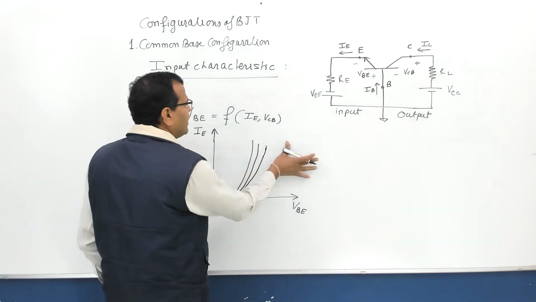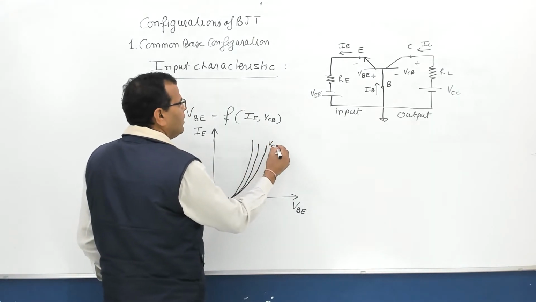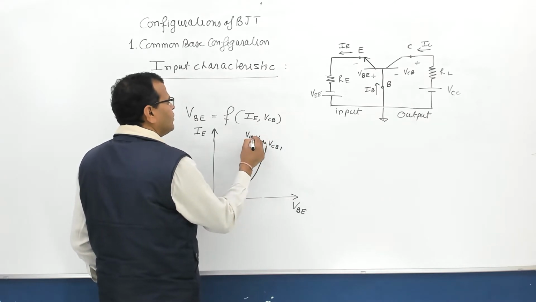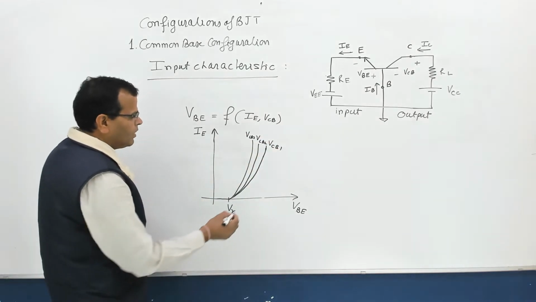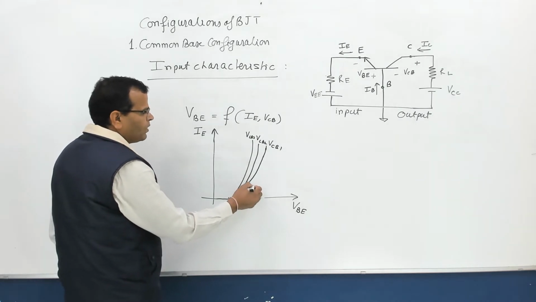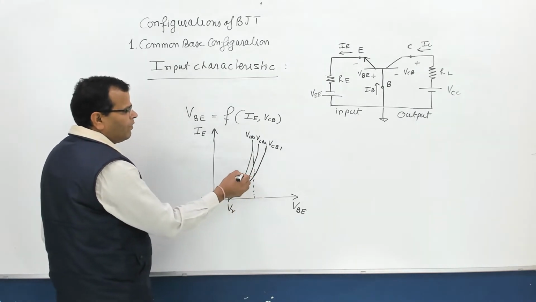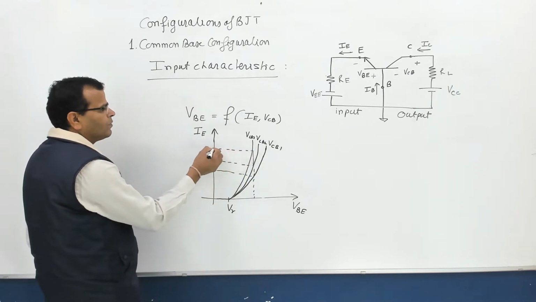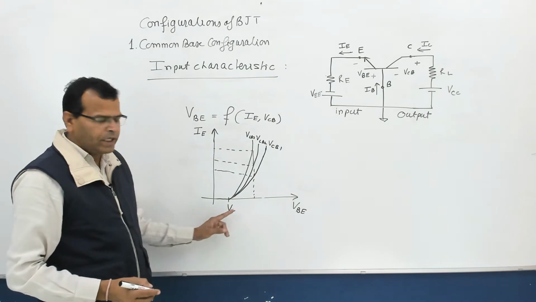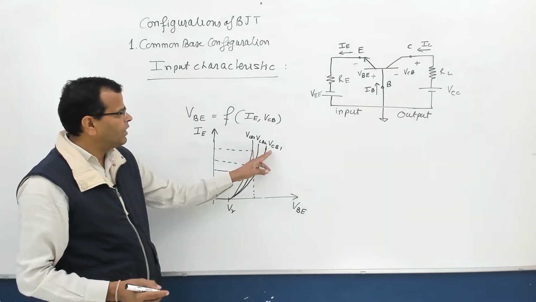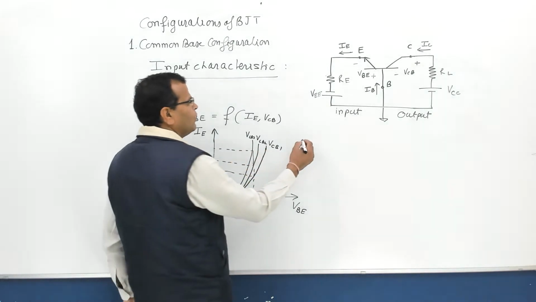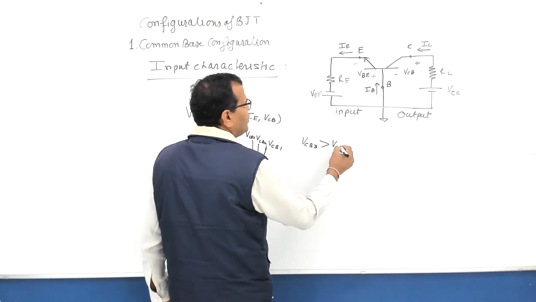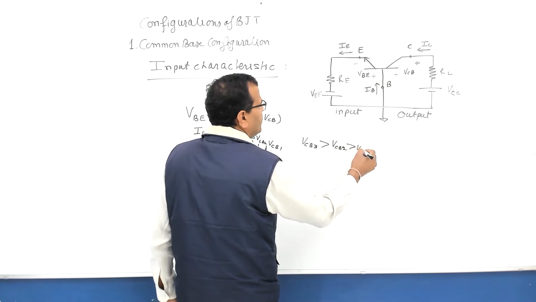Say it is for VCB1, VCB2, VCB3, like this. For the same base to emitter voltage, I have different values of emitter current. VCB3 is more than VCB2, which is more than VCB1.